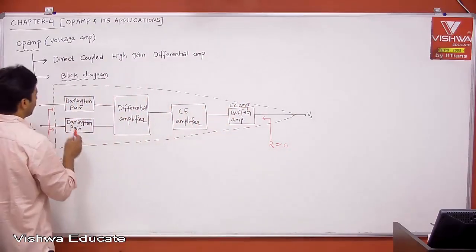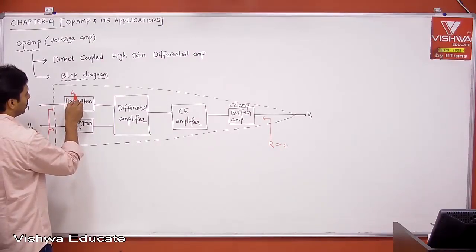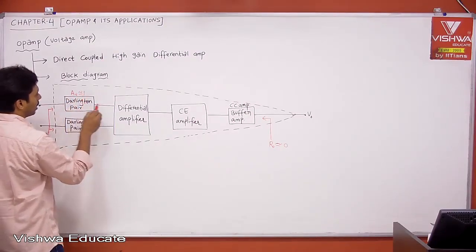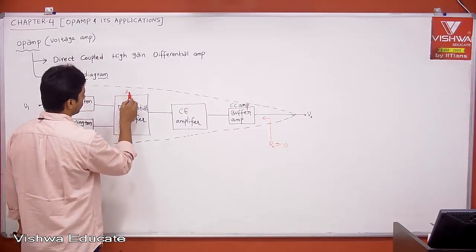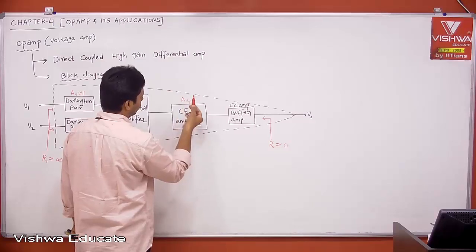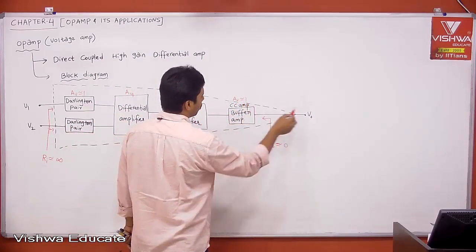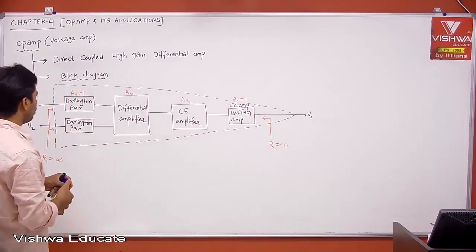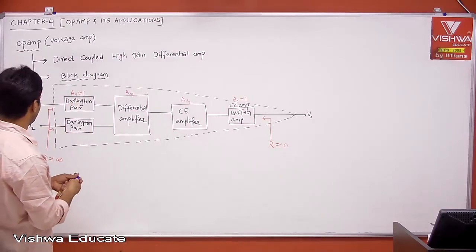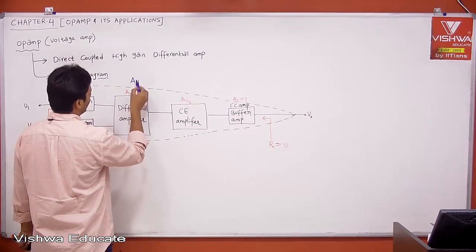And what is the voltage gain? Here the voltage gain of this is approximately equal to 1. And here the voltage gain, let us say this is AV1 and this is AV2, and this one is approximately equal to 1. Then overall what is your voltage gain? This is what people call AD, that is nothing but the differential gain.